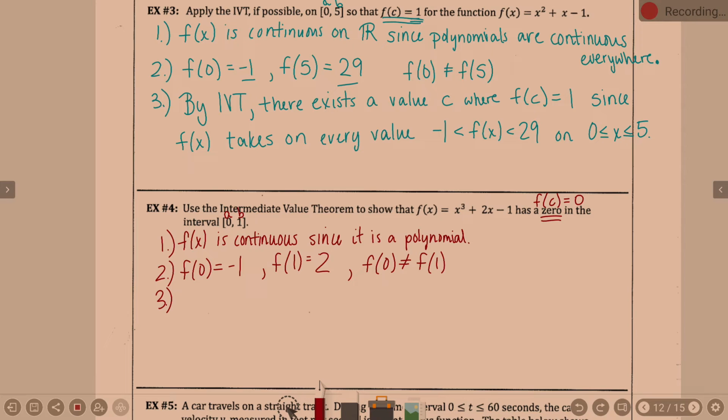Now, 0 is between -1 and 2. Basically, 0 falls in between those points. Because they're asking about zeros, how I have this written is that since f of 0 is less than 0, aka negative, and f of 1 is greater than 0, aka positive, then a 0 exists, there exists a value such that f of c equals 0.